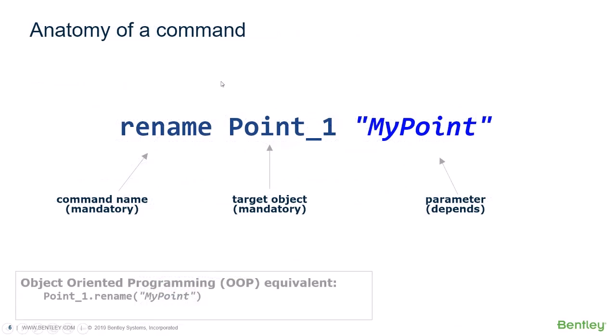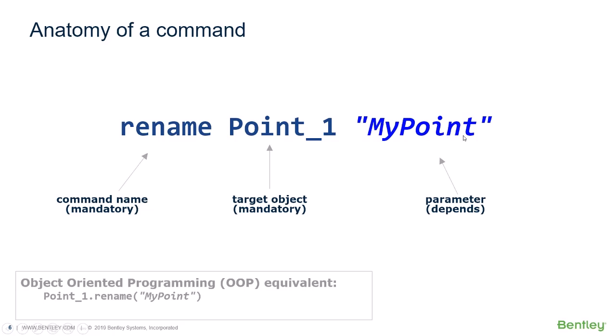Now if we look at a simple command, what are the ingredients for a good command? Of course we need to have the command name, otherwise we don't have a command at all. And then the command needs to perform an action on something. This is what we call the target object. In this case we want to rename point 1. And we have to tell this command what kind of parameters it has. In this case it will be my point.